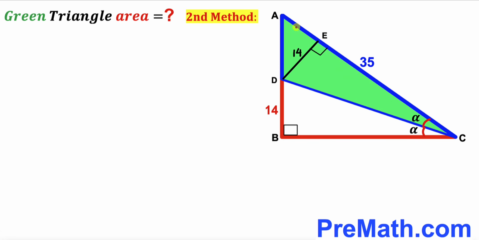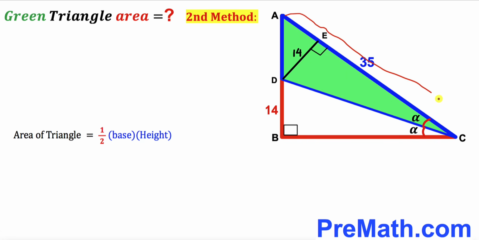And here's our final step. Now we are going to calculate the area of this green shaded triangle ACD. Let's recall the area of a triangle formula once again. Area is always equal to a half times base times the height of the triangle. In our case, the base of this green shaded triangle is 35, whereas the height is 14 units.